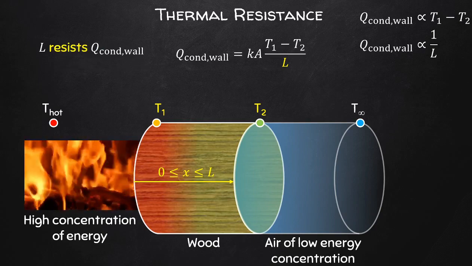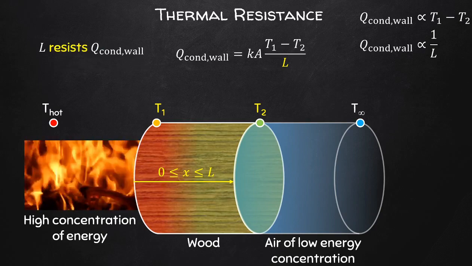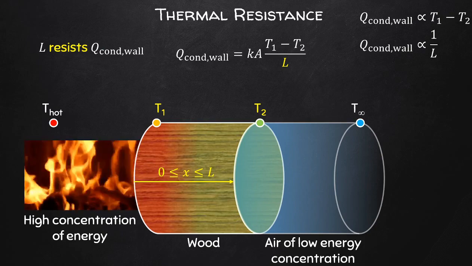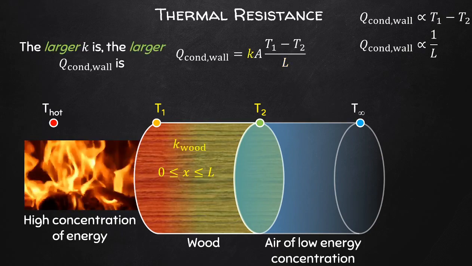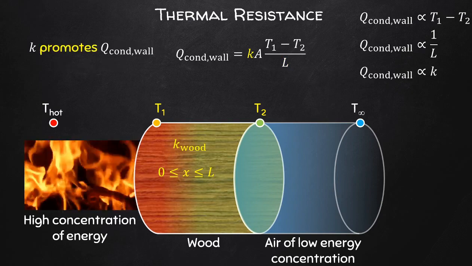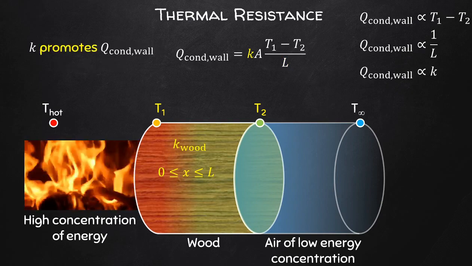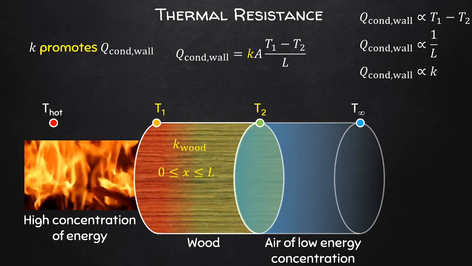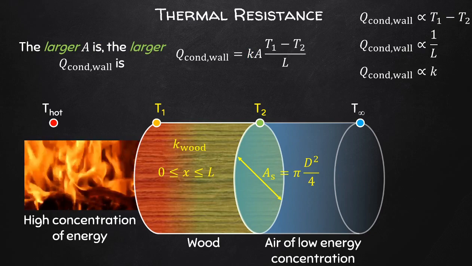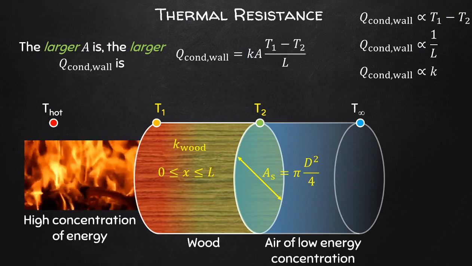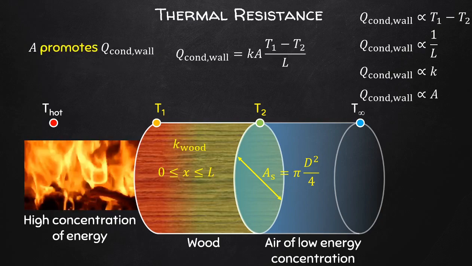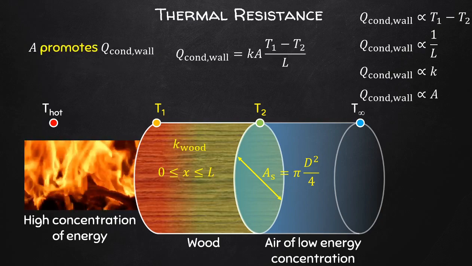And the path length or the pathway is set to provide resistance to heat flow. Now, thermal conductivity counters this, where a higher thermal conductivity will promote better heat transfer and vice versa. And lastly, if we look at area, the cross-sectional area, specifically if this area is large, then it will also promote heat transfer.